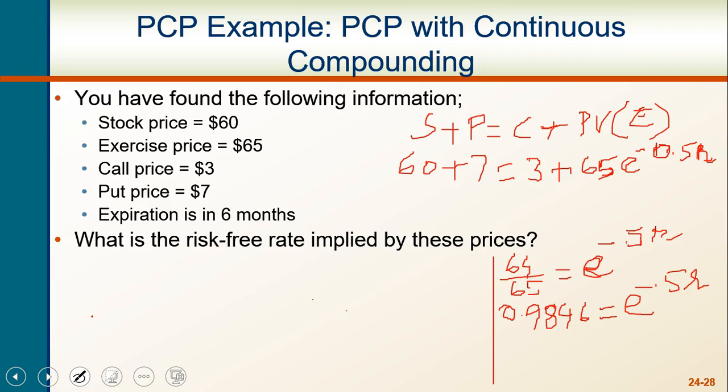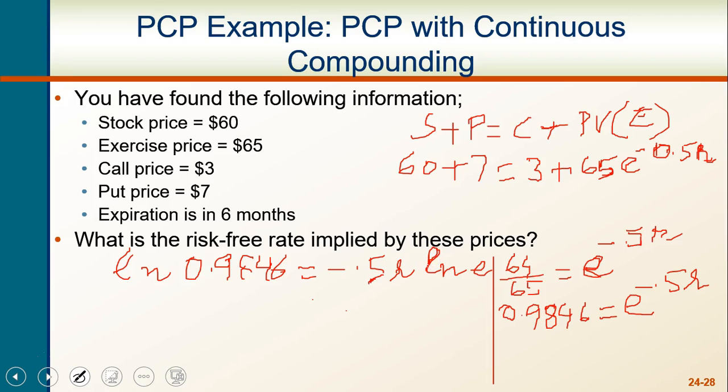So we write ln of 0.9846, and if you take the natural log on the right hand side, the exponent part will be written like this, minus 0.5 r, and the base, which is e, we take the natural log of that: minus 0.5 r times natural log of e.